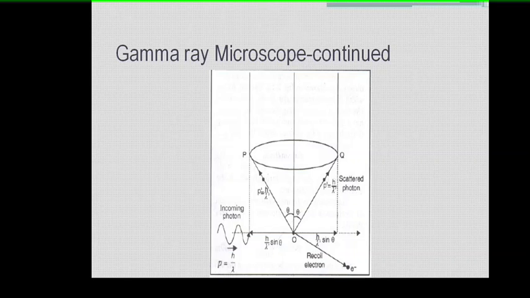Now, at least one photon should be scattered by the electron into the microscope. Suppose this is the scattered one. Here we can observe this is the scattered photon.